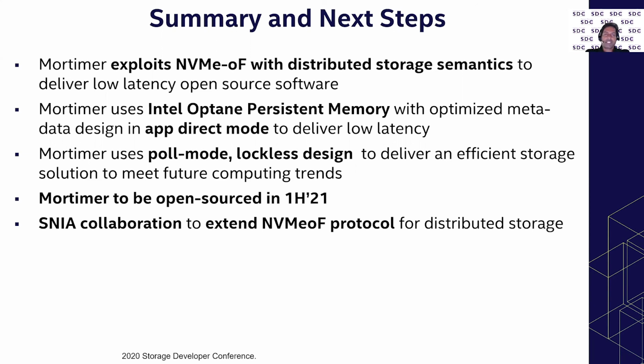Persistent memory usage for the metadata is a very, very critical component to reduce the latency for metadata lookups, and uses the persistent memory with a combination of highly optimized app direct data structures.